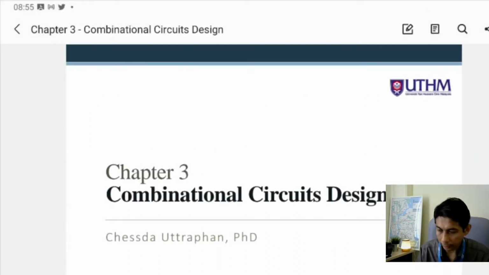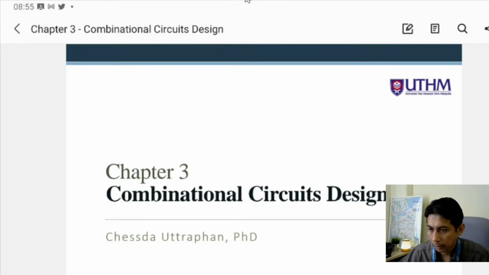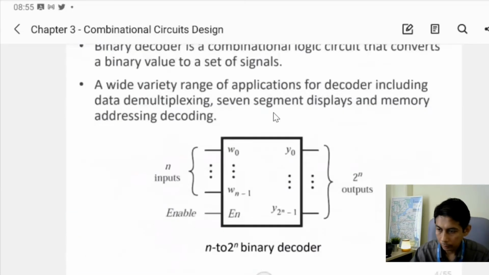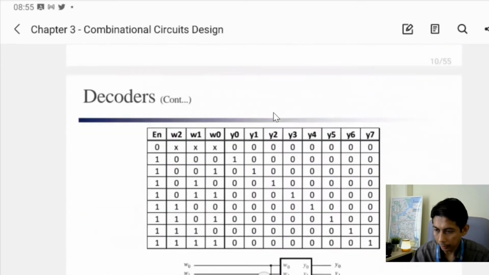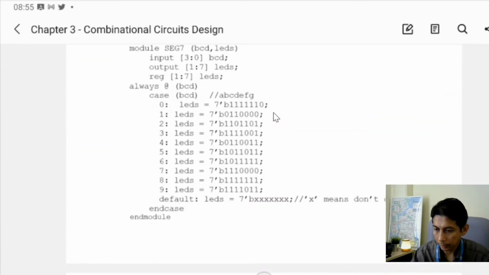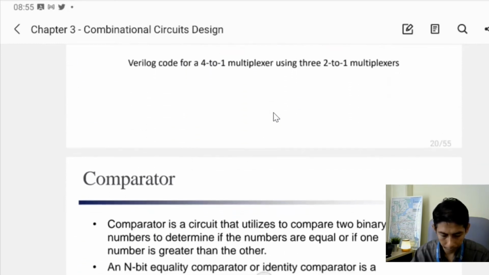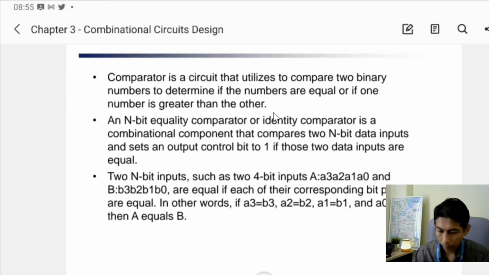Hopefully you can see the screen. If you cannot see, just tell me. So we are at the comparator.